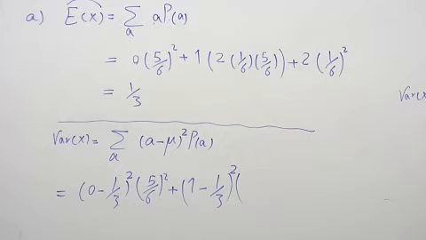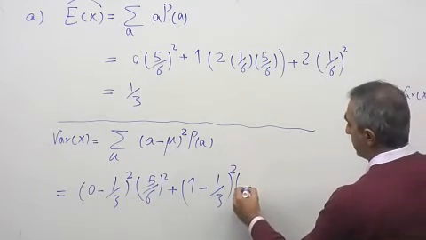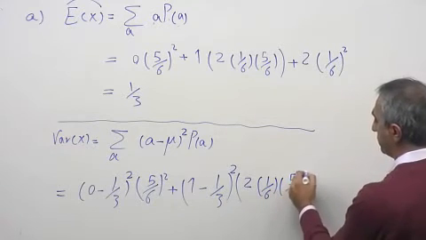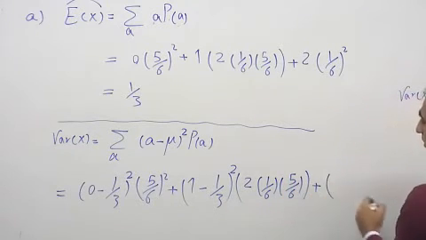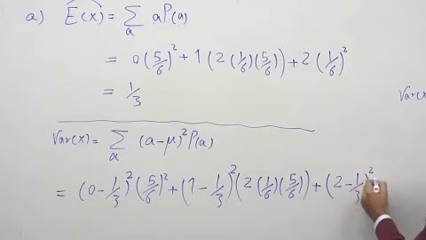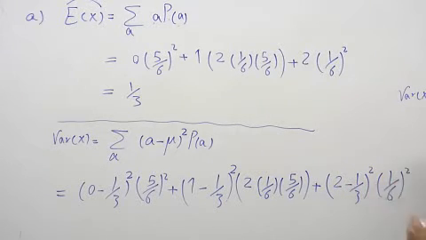Thank you. Corresponding probability is this guy. And the last one is 2 minus mu squared times the probability. Okay?